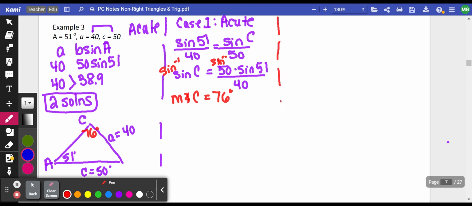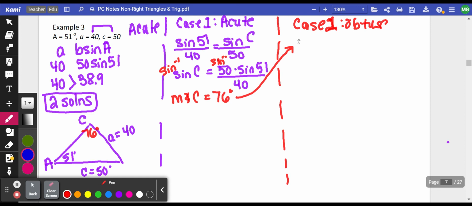But that is right there going to tell us what we need to know about case number 2. So case number 1 was the acute value. Case number 2 is the obtuse value. And the obtuse value is simply the same reference angle, if it would have landed in quadrant 2.